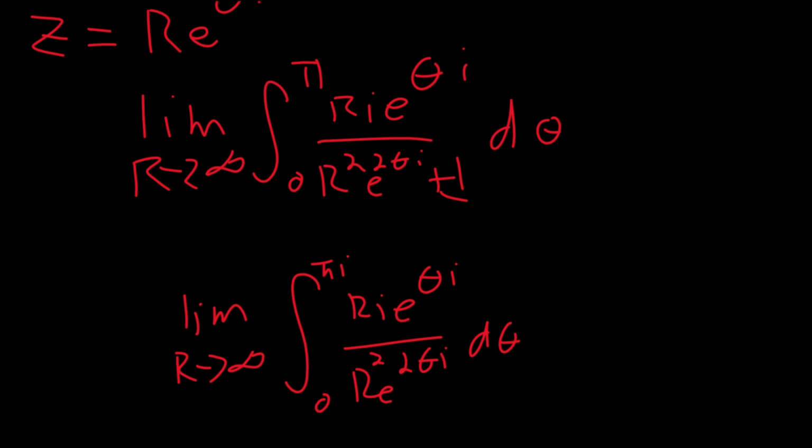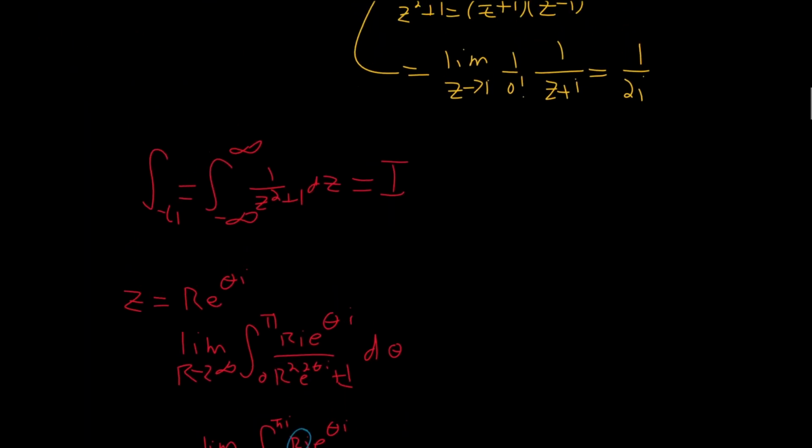And the point here is that, as r goes to infinity, sure, we have some complex numbers here, but the r in the denominator is always going to be larger than the r in the numerator. And we know that the limit as 1 over r, or 1 over any variable, goes to infinity, is just going to be 0. So this right here is just going to be 0.